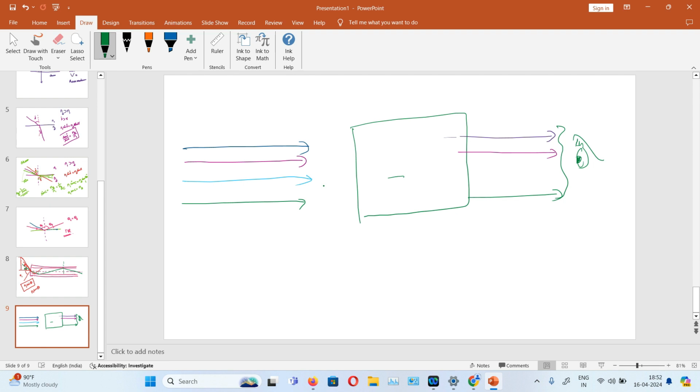So actually, this is what determines the color of the material. Each material has different properties such that it may absorb different wavelengths when a polychromatic or white light is incident on it. That actually determines the color of that object. Okay.